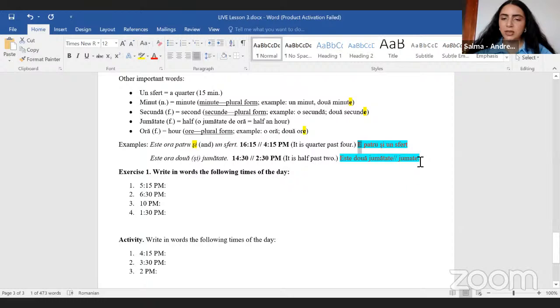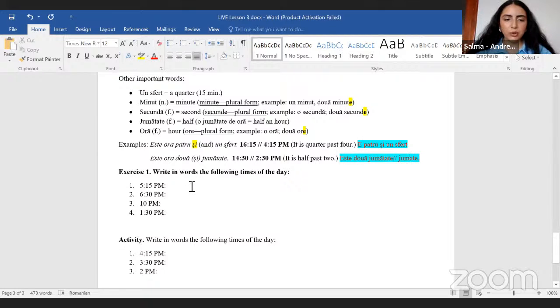All right, and there is a more colloquial form of the word jumătate, which would be jumate, but the correct form would be this one, jumătate. This is the correct form, but this is just the colloquial form that I've added here for you to see.